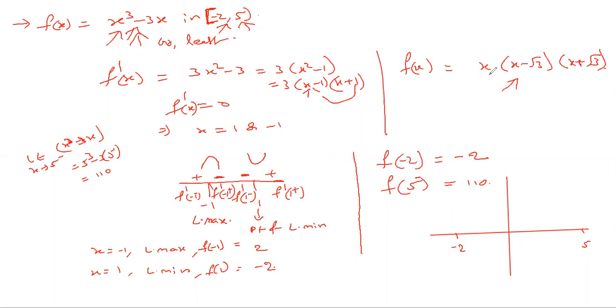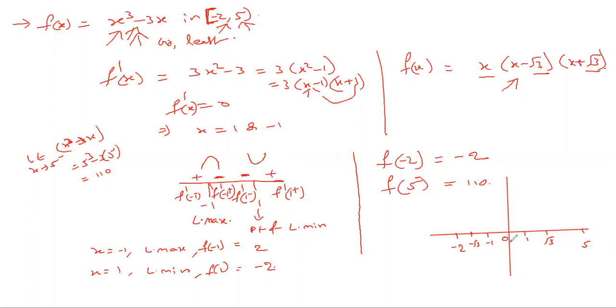The function roots are negative root 3, root 3, and 0. Negative root 3 is located here. Moreover, I can take here negative 1, here 0, here positive 1, and here root 3.